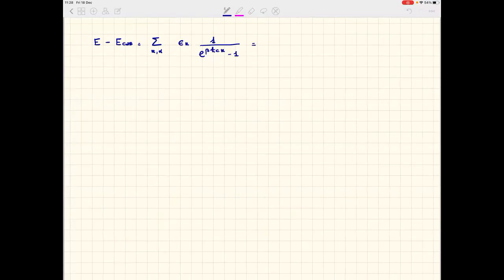And then this is equal to 2, because I have 2 polarizations for my photons. Then I have V over (2 pi) cubed, and then the integral d^3k of epsilon k divided by e to the beta h bar c k minus 1.